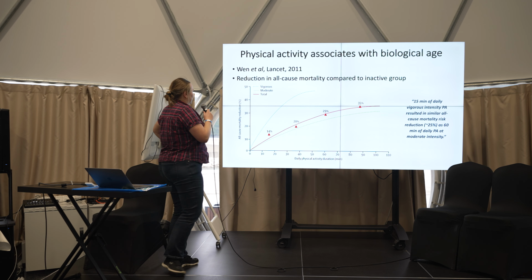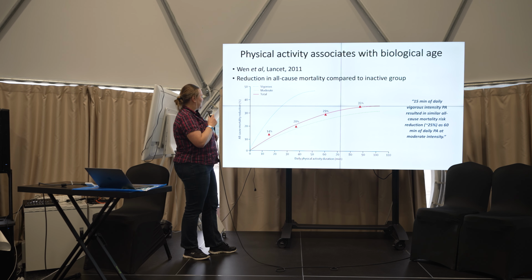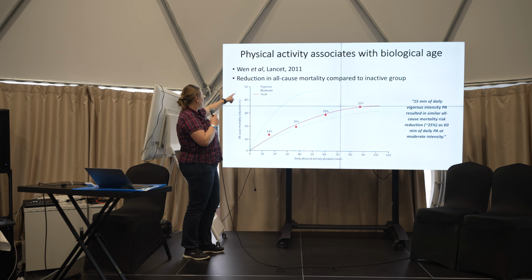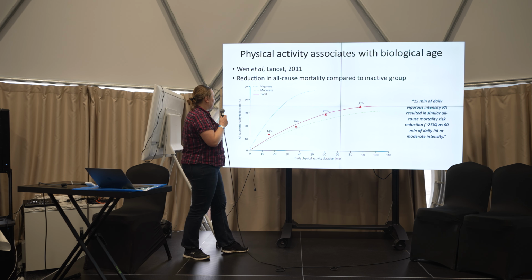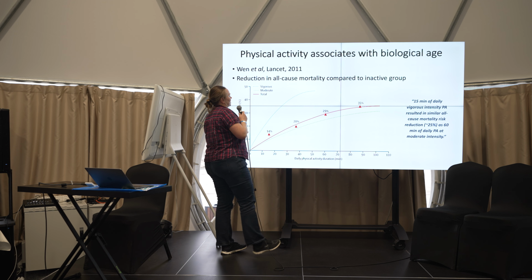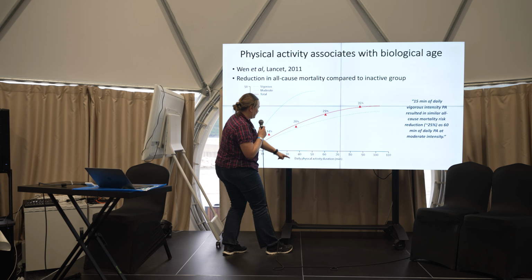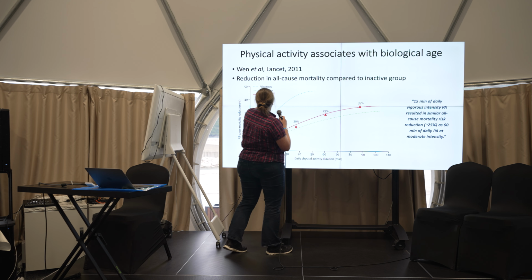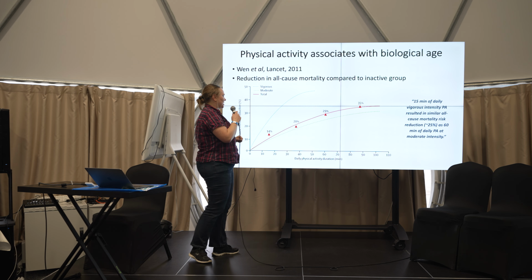And we can see here again the comparison to people that were inactive. On the y-axis, you can see all-cause mortality reduction. So this is 50% and this is 0. We see that people that did vigorous daily physical activity, for example 50 minutes, had almost 45% reduction in all-cause mortality.